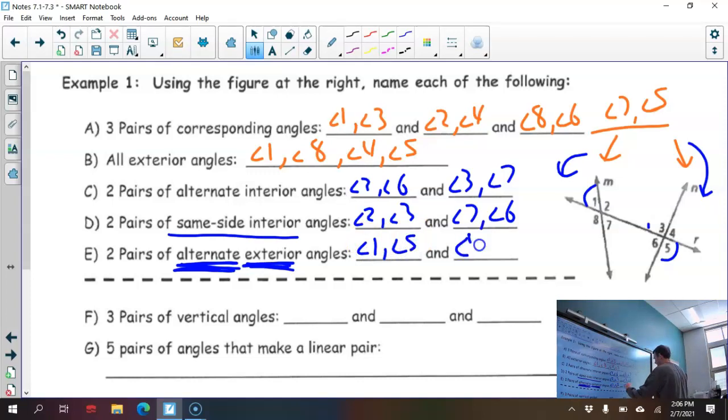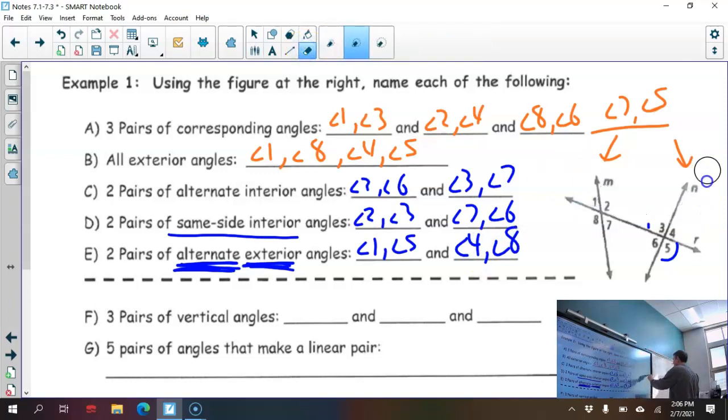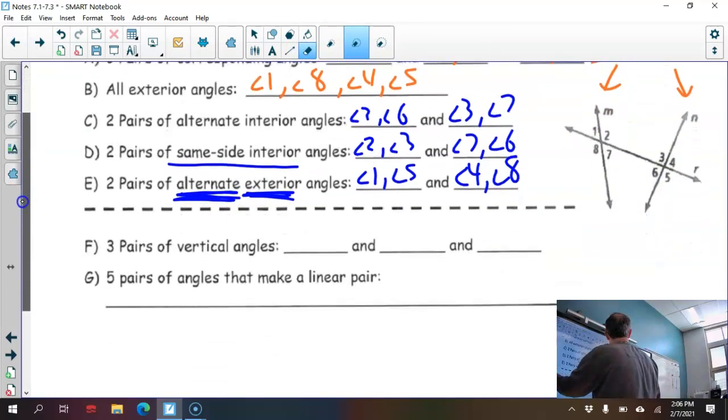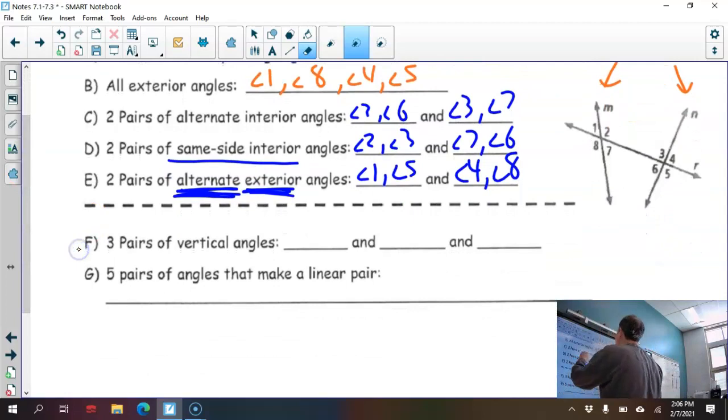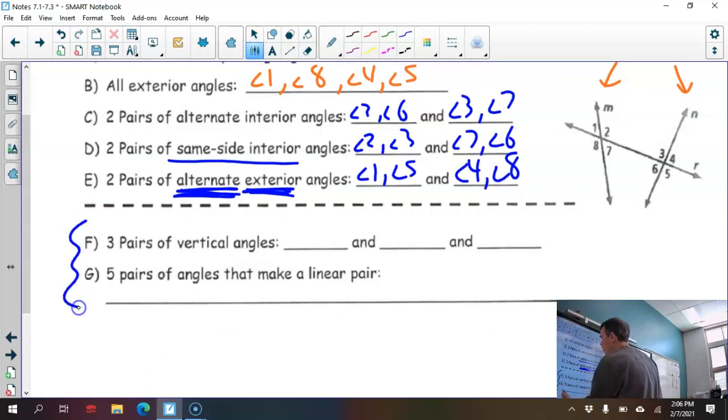And then the other would be angle 4 and angle 8. And I do want to point out to you that even though these pairs down here do not require all 3 lines, they only require 2 lines, they are still in the diagram.